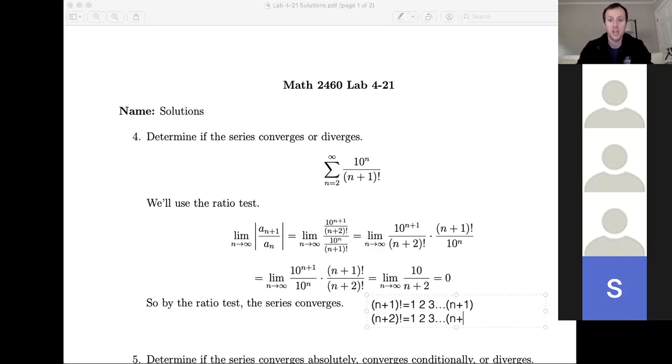And it does have an n plus 1 factor, but only because that's on the way to the n plus 2 factor. And so with these factorials, all of these factors cancel except the bottom has an extra 1. And that's where the n plus 2 comes from. And in this limit, the top is fixed, the bottom is going infinite, so that limit is 0.